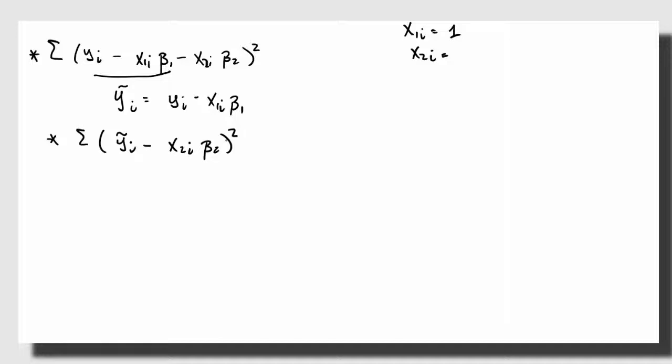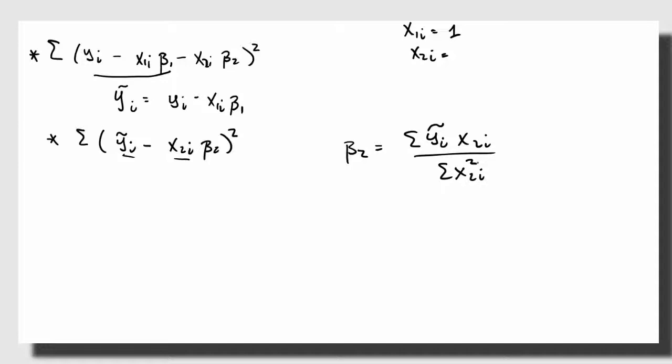Well, then this is exactly regression through the origin with just the single regressor x2i, but the outcome yi tilde. So we know what the estimate for beta 2 would have to be. It would have to be the summation of yi tilde x2i over the summation of x2i squared.